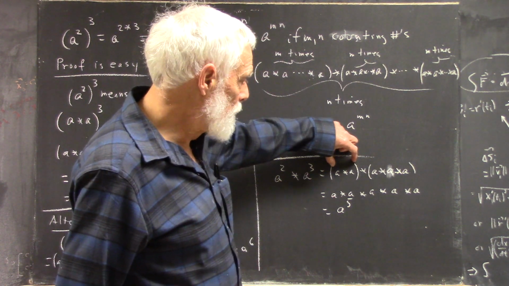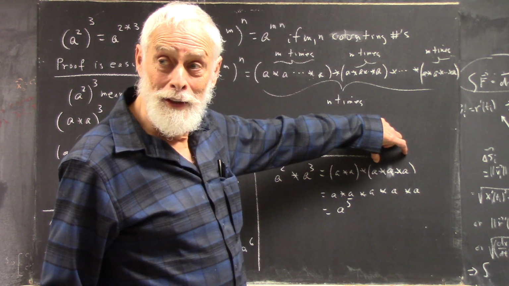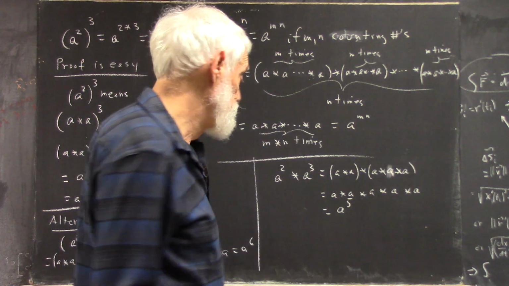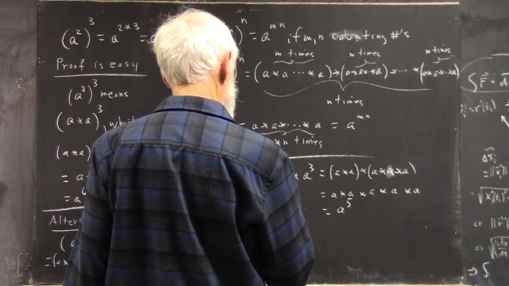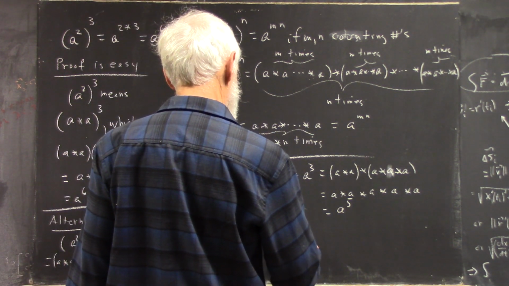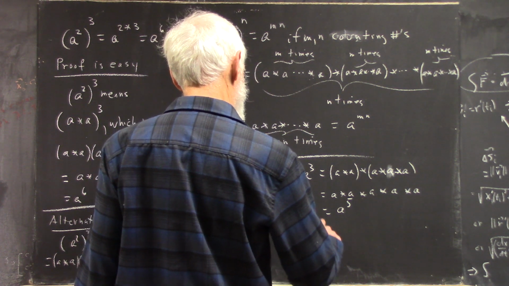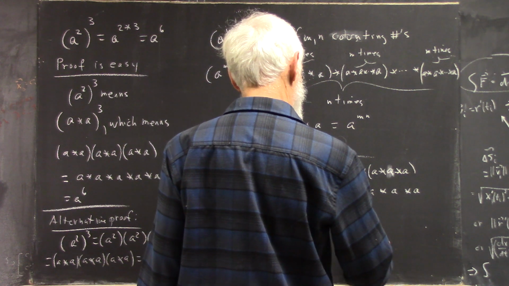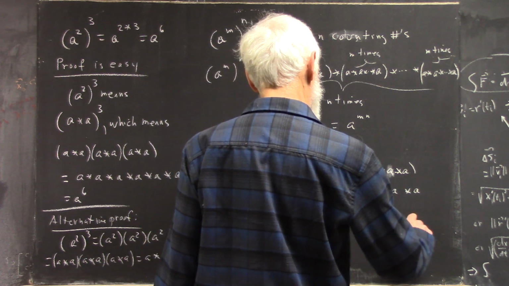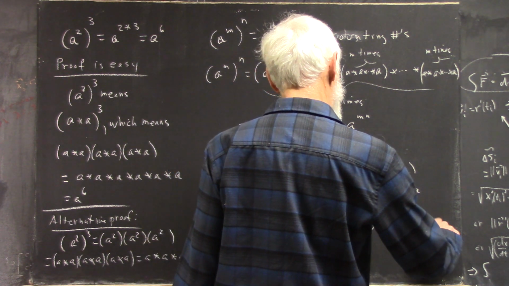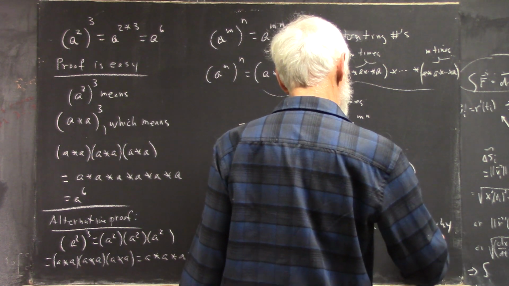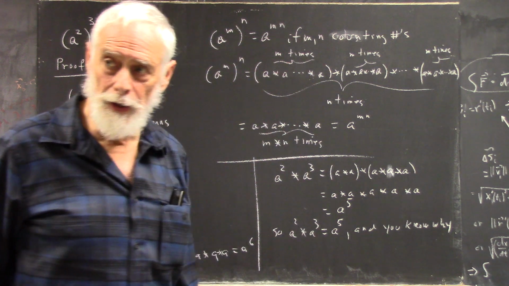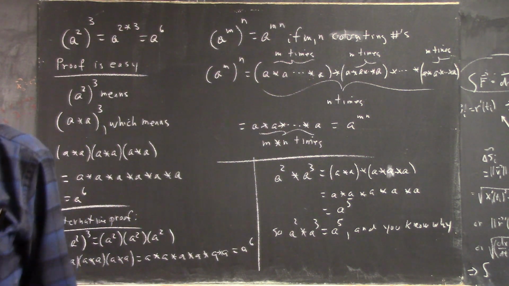If you got 47 of these and 28 of these, you're going to have 47 plus 28, right? So a squared times a cubed is a to the fifth, and now you know why.